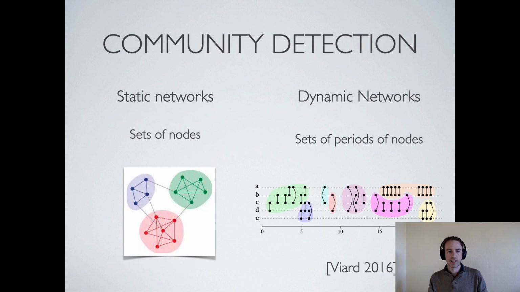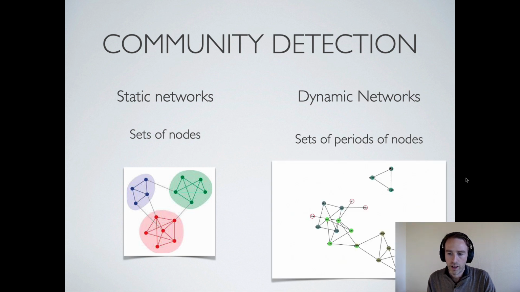We have seen community detection on static graphs, and community detection on a dynamic network is quite similar, but instead of searching for sets of nodes, we are searching for sets of node-times. This means that a node can belong to one community during a period and to a different community at another period, without actually having overlaps, because they belong to different communities during different times.